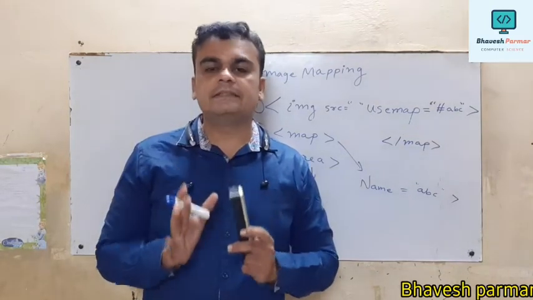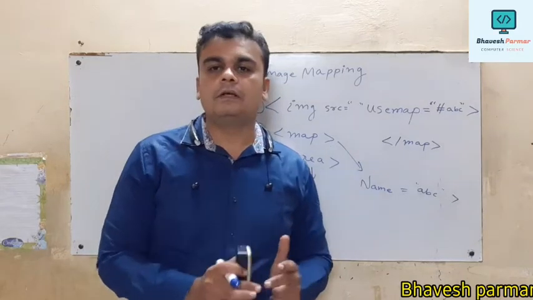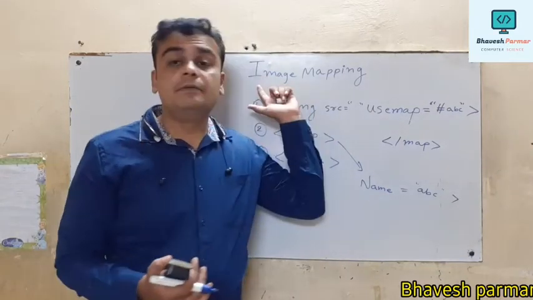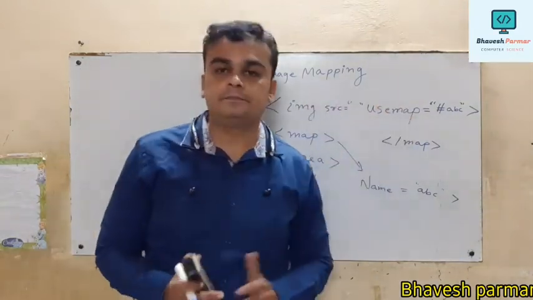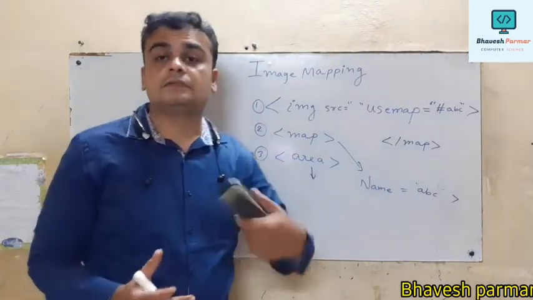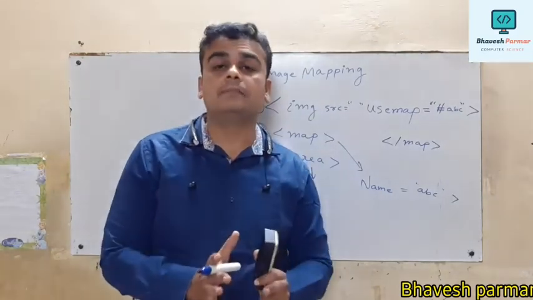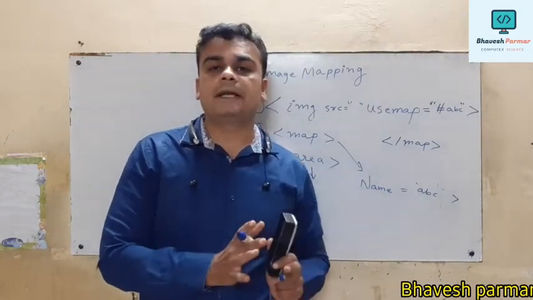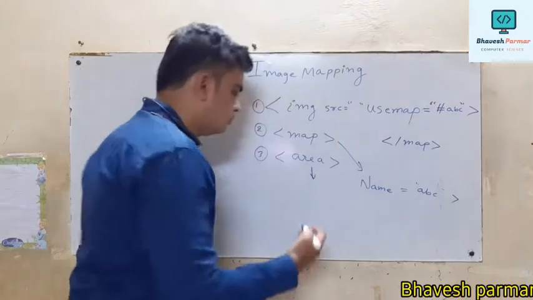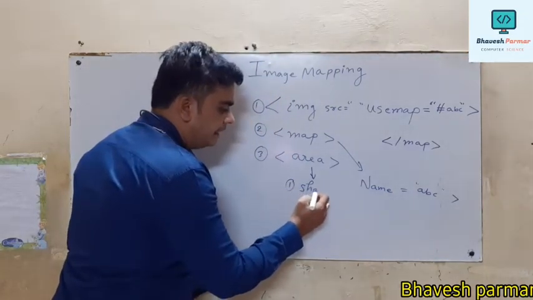So I can use these 3 shapes in my program and create an image mapping practical. For area there are some attributes, and we can use these attributes in a program to perform this practical successfully.